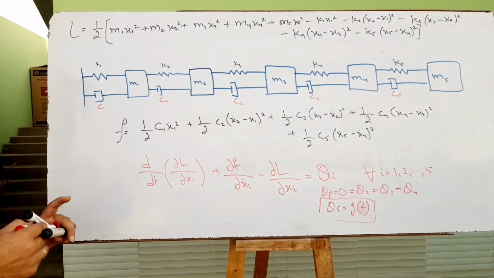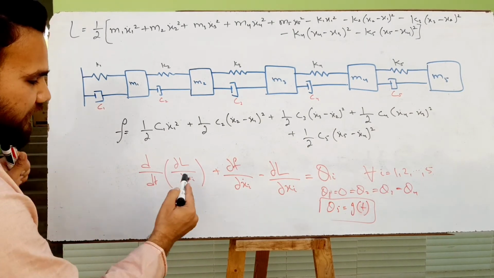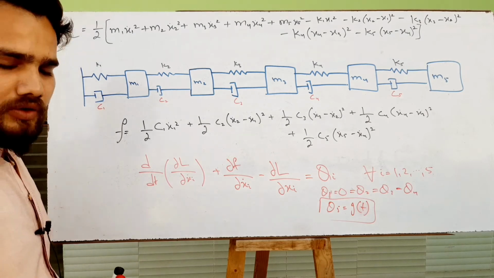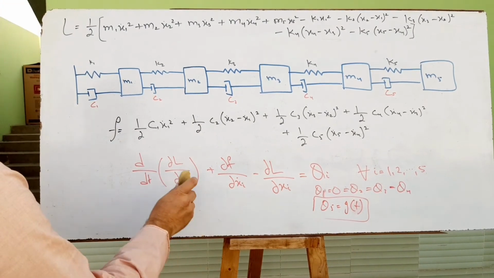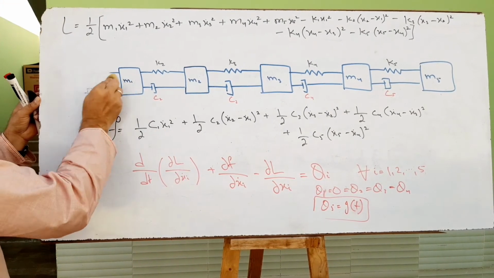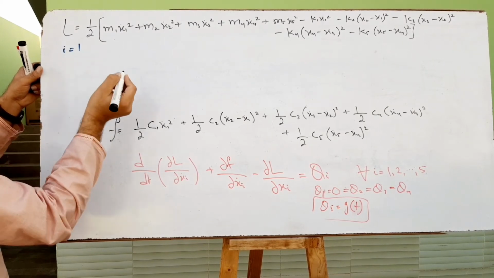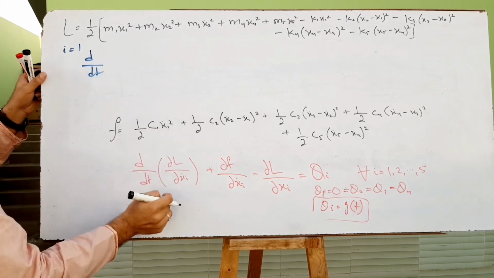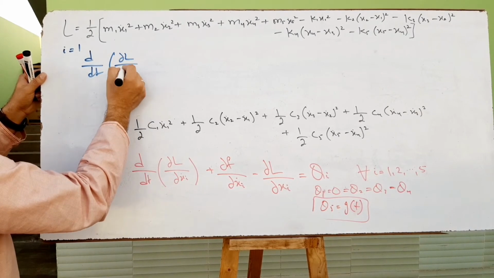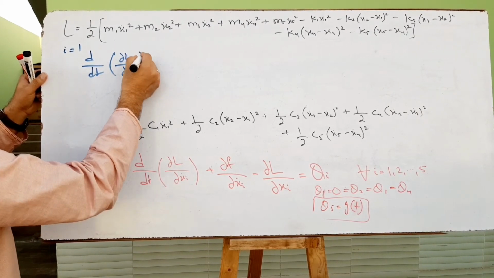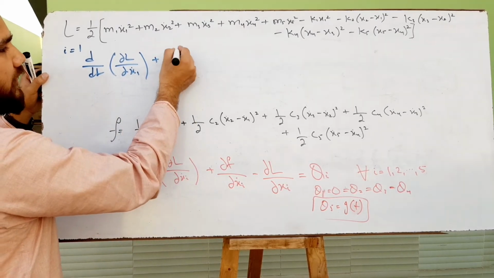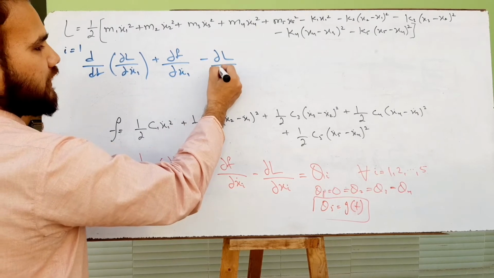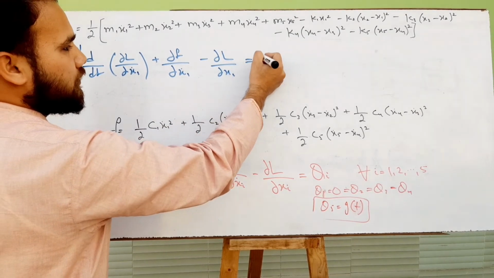Now what we need to do is compute these terms, partial L by partial x dot i. Let me show you how we can compute them. If we take i equals 1, then this equation becomes partial L by partial x dot 1 plus partial F by partial x dot 1 minus partial L by partial x1 equals Q1.